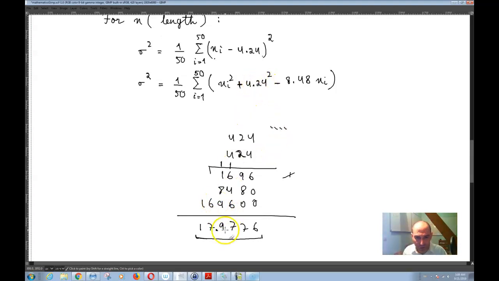So I'm just going to take this value as 17.97, and then you have x of I squared, and then that's 8.48 times x of I, right?